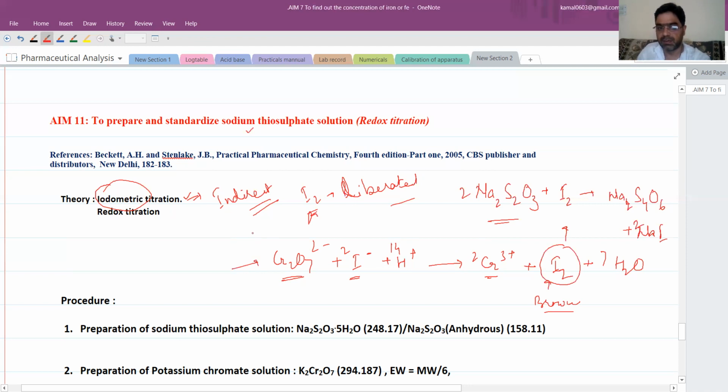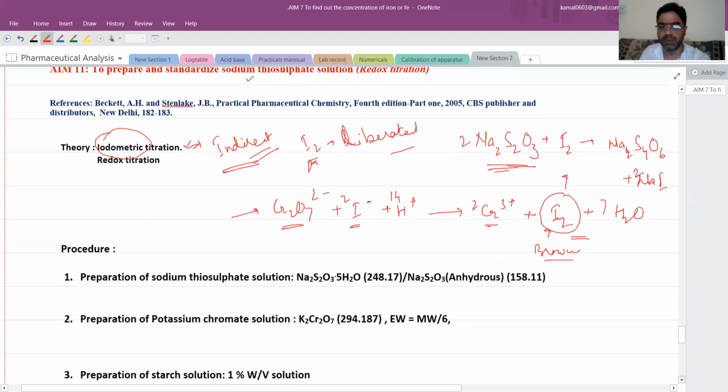This is why it is iodometry, because here iodine is liberated, and the liberated iodine is titrated with the help of sodium thiosulfate solution. Now when you see the marketed sodium thiosulfate, you will find it has a molecular weight of 248.17. When it is available in anhydrous form, its molecular weight is 158.11.